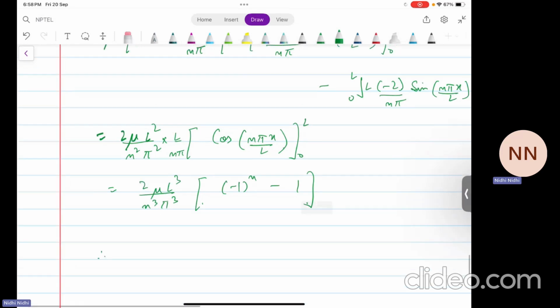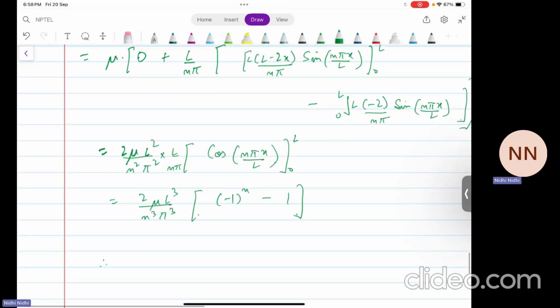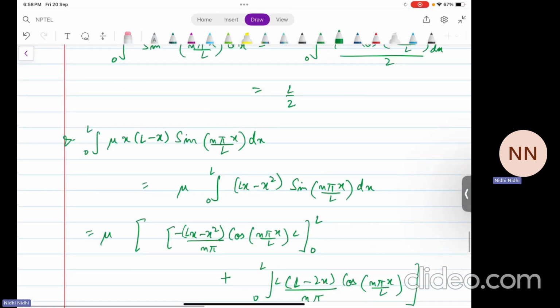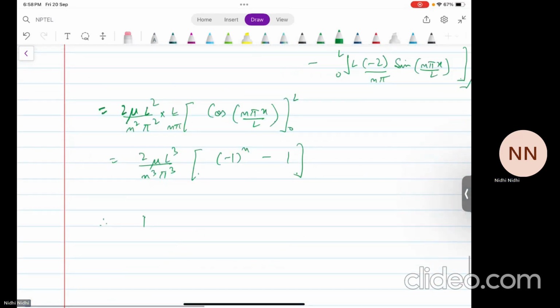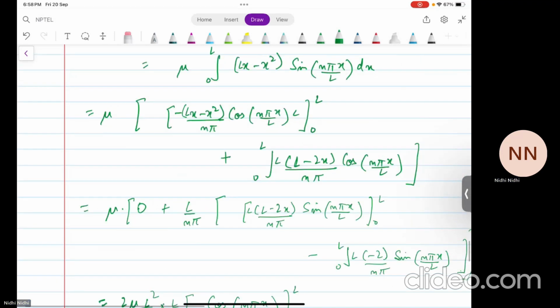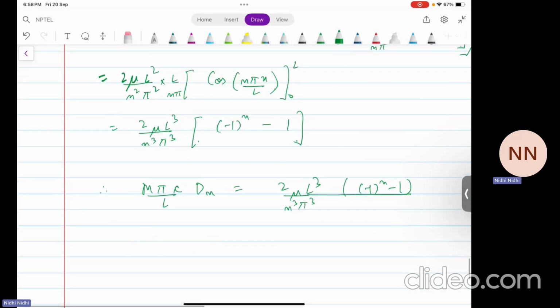So therefore, our constant, what was it? n pi c by L, dn, is equal to 2 mu L cube by n cube pi cube, (minus 1 to the power n minus 1), upon L by 2.